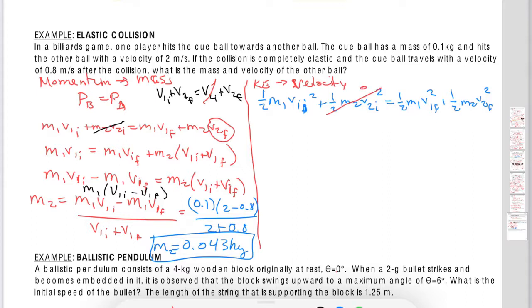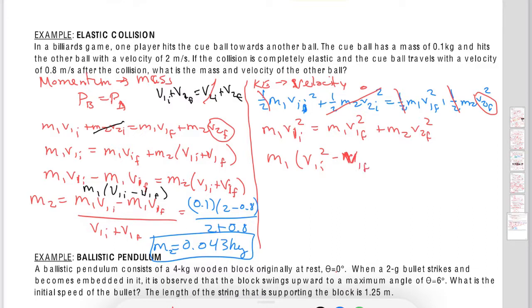And V2 final is what we're looking for, so we don't have to do anything with that relationship. I can cancel out the halves, and so I get M1 V1 initial squared equals M1 V1 final squared plus M2 V2 final squared. Do a little bit of algebra, so we're going to get M1 times V1 initial squared minus V1 final squared equals M2 V2 final squared.